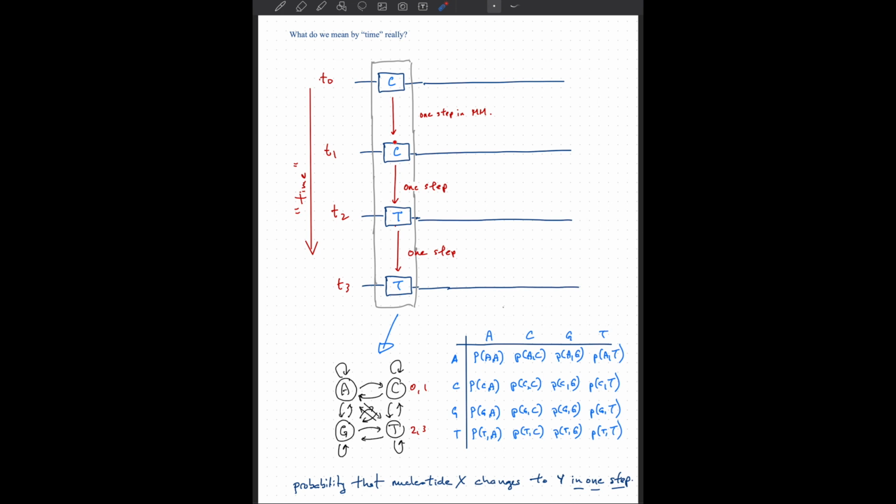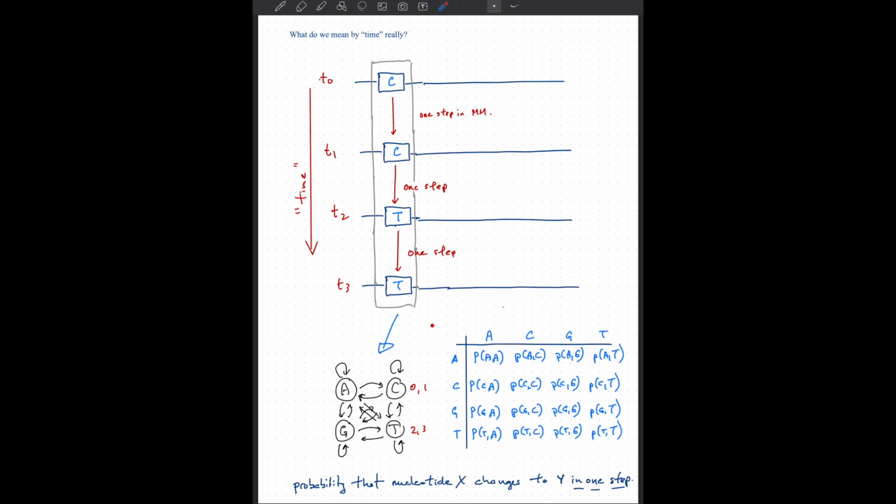Maybe that's a good idea, maybe it's not. But we can think of dividing our time interval up into equal-sized segments. If this time interval is 3,000 years, this is 1,000 years, this is 1,000 years, and this is 1,000 years. Just try to keep that in mind.